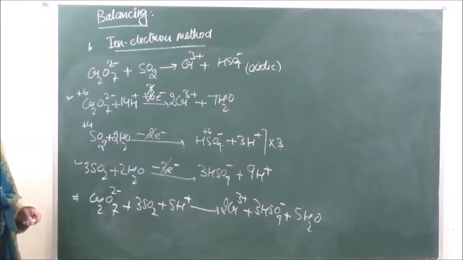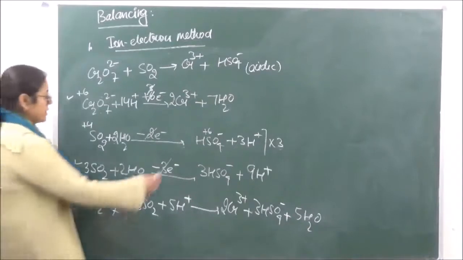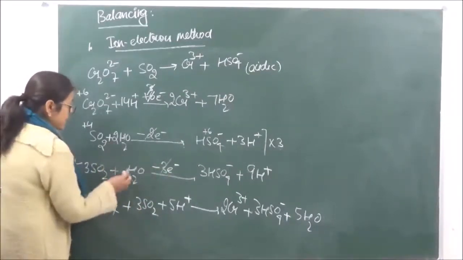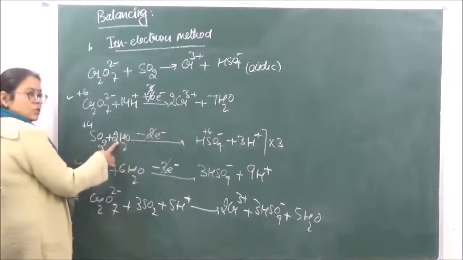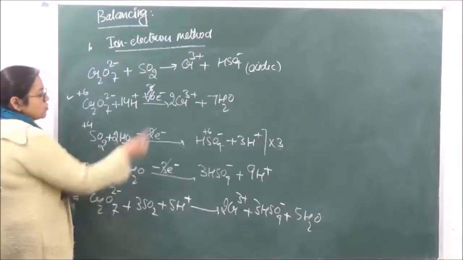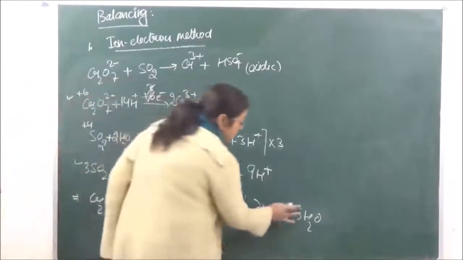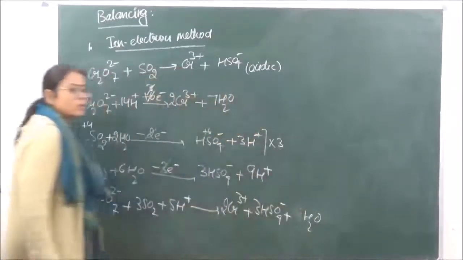The answer of this reaction should come to Cr2O7 2 negative plus 5H positive plus 3SO2 to give us 2Cr3 positive plus 3HSO4 negative plus H2O. Okay, यहाँ पे हमने इसको मल्टीप्लाई नहीं किया है. 3 2s are 6H2O. Okay, so 6H2O means 7 minus 6, that is going to be equal to 1H2O.